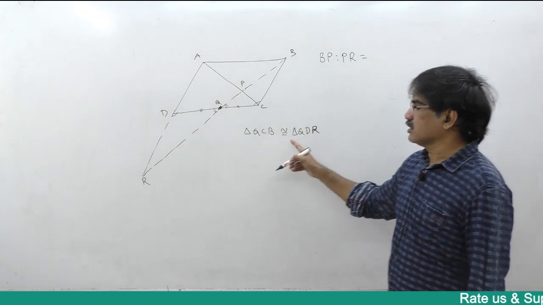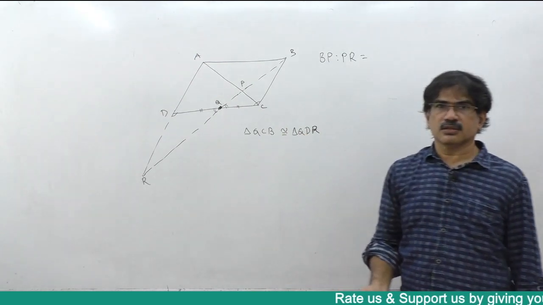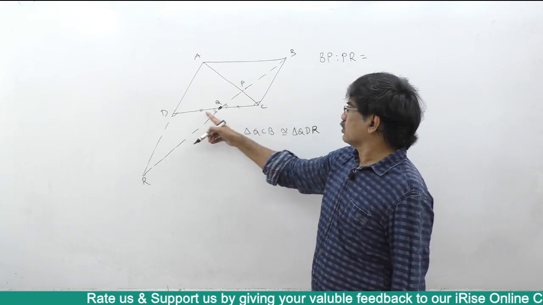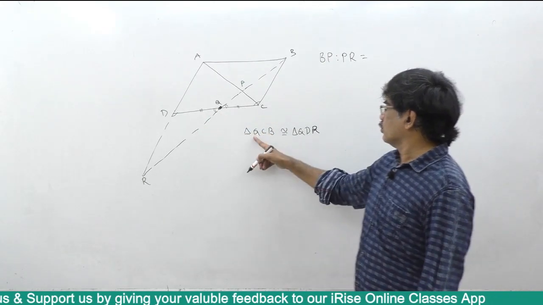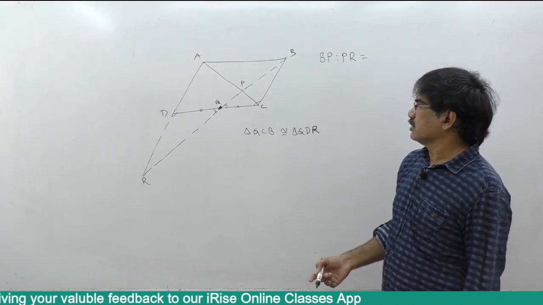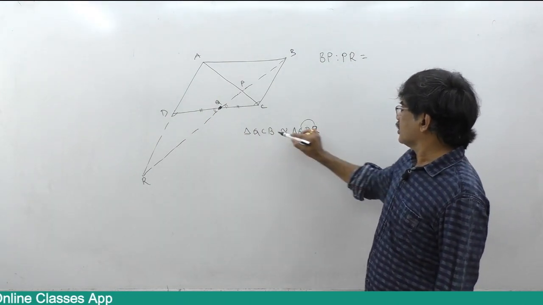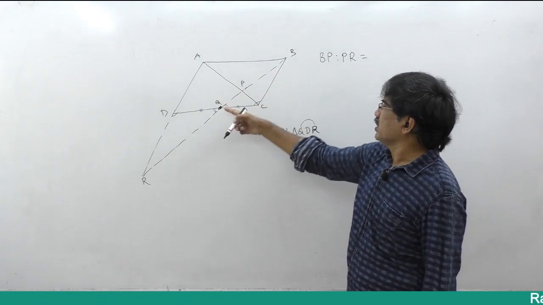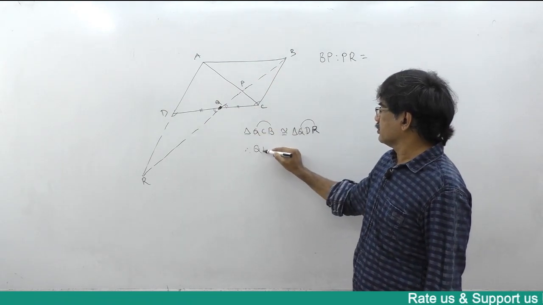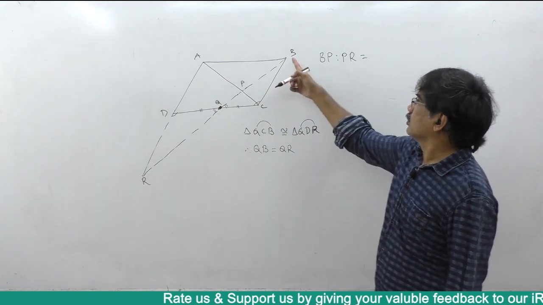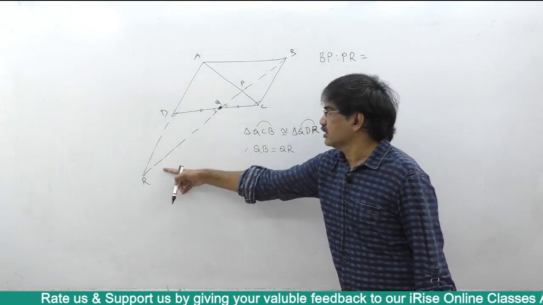If two triangles are congruent, then the corresponding sides are equal. So QC is equal to QD. Similarly, QR is equal to QB. So this distance is the same as this distance.